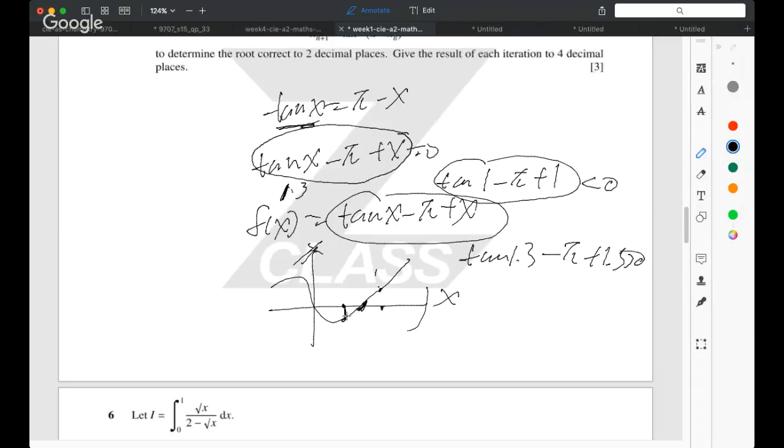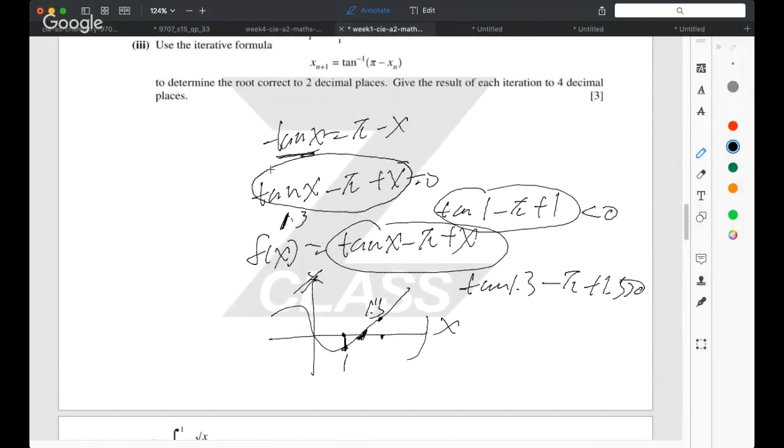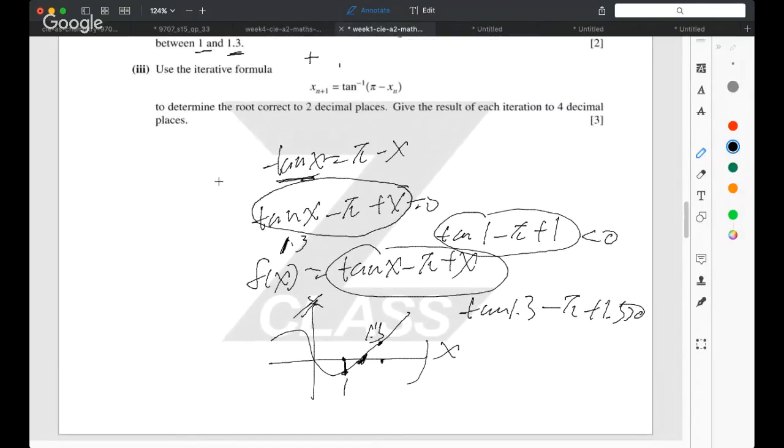Which means from 1 to 1.3 there's a change of sign, so between 1 and 1.3 the function passes through the x-axis. So there must be a solution as long as the function is continuous. Okay, any question on this?